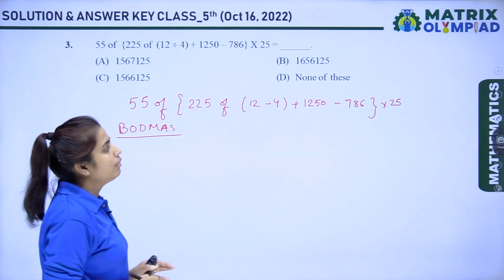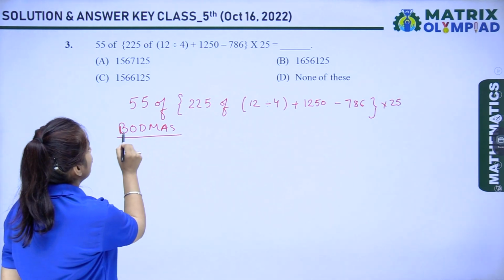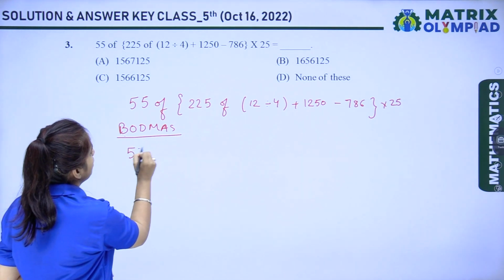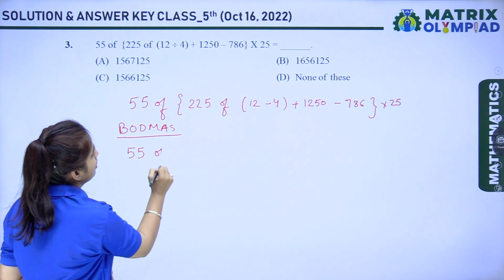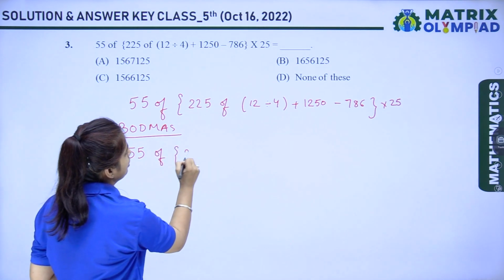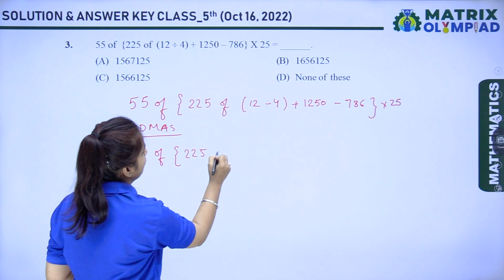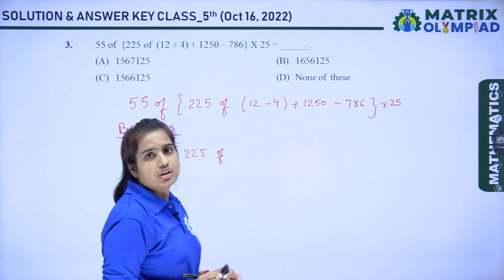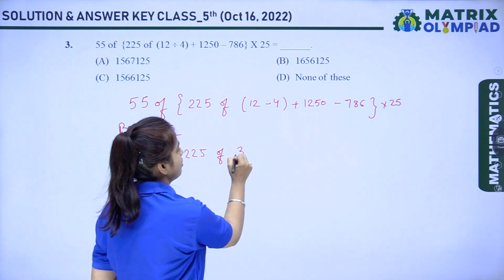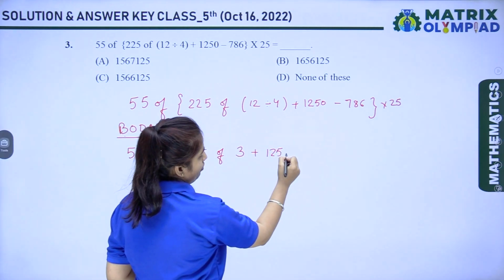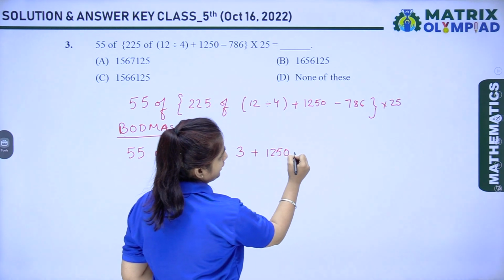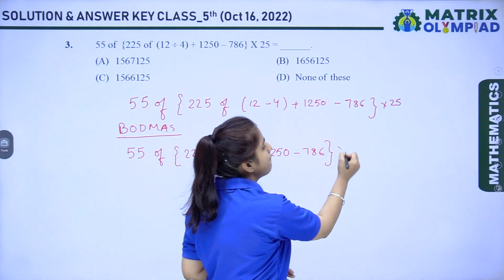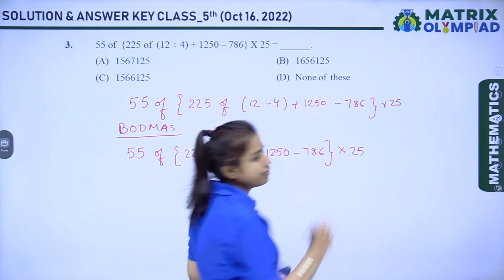After applying BODMAS, we can say that first we have to solve the bracket. So let's begin with the bracket part first. 55 of 225 of 12 divided by 4, that is 3, 1250 minus 786 multiplied by 25.